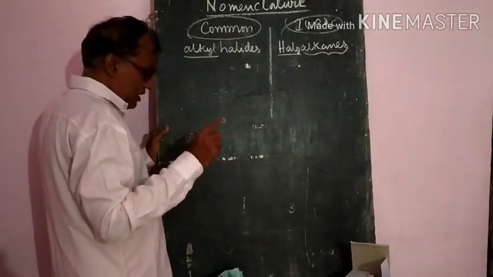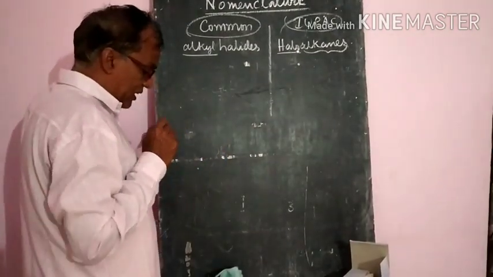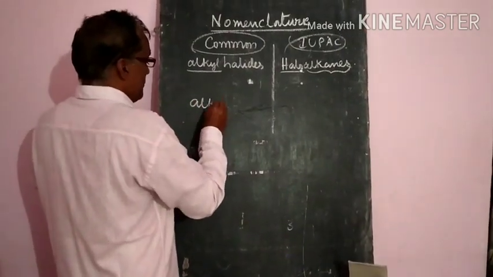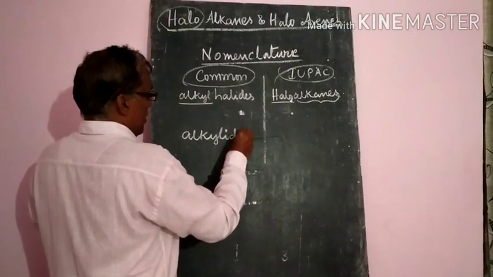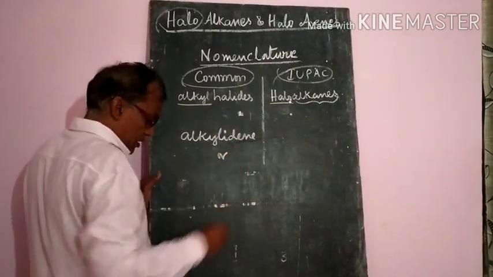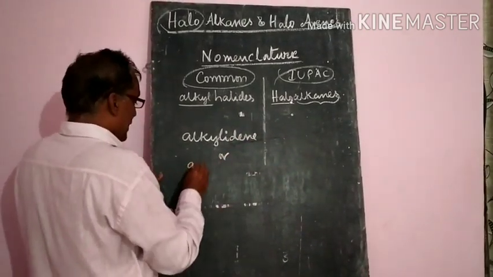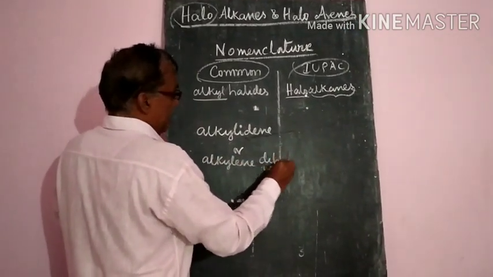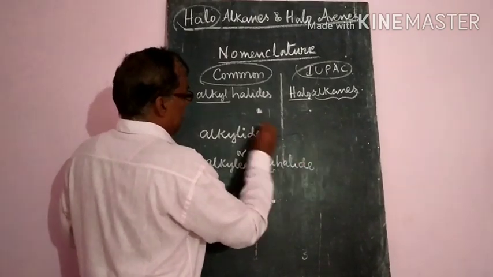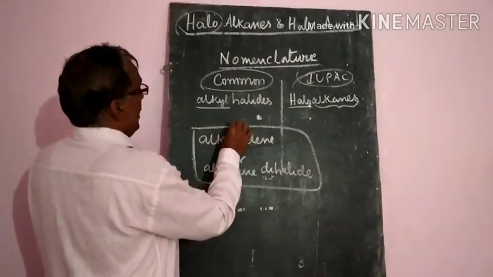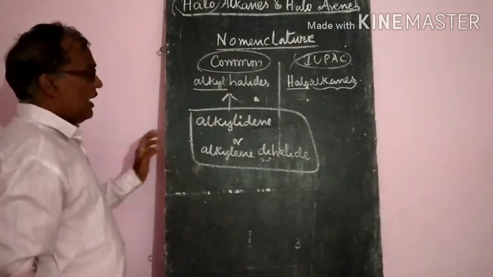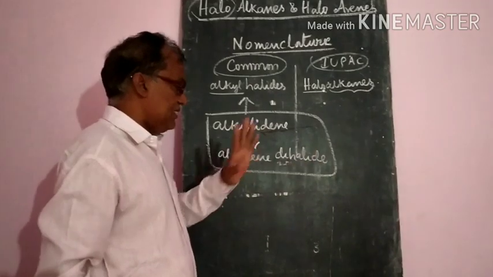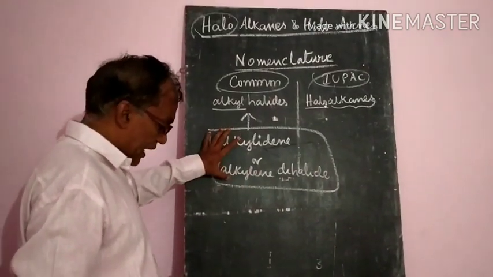But if they have the same type of halogen atoms attached, they are called alkylidene or alkylene dihalides. So like this we will give the name to the alkyl halides.